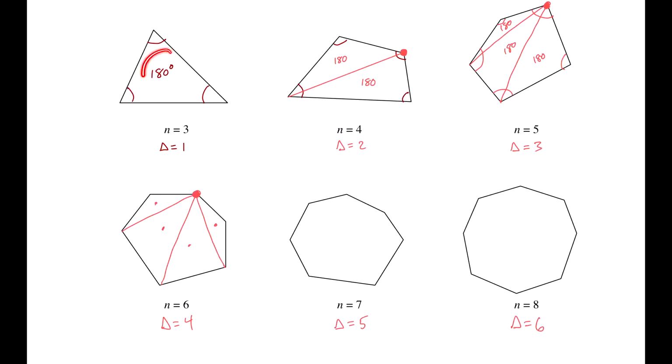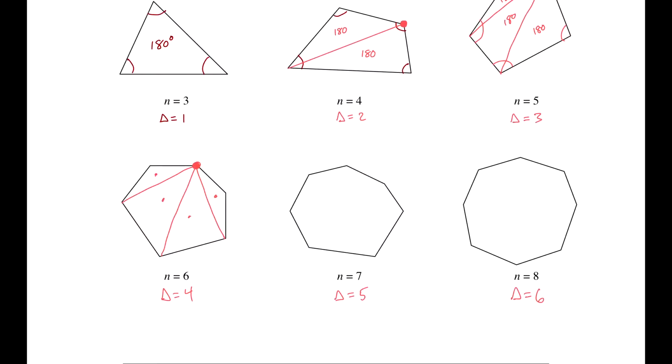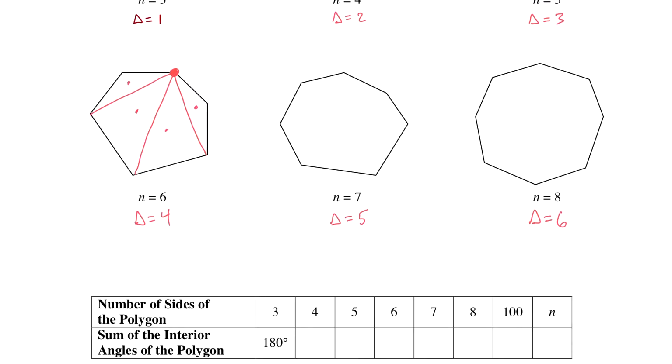Here I have 180 for a triangle. 180 plus 180 gives us 360 for a quadrilateral. Then I have 3 of them for this pentagon, and 4 of them for this hexagon, and it continues. Let's organize this information in a table.